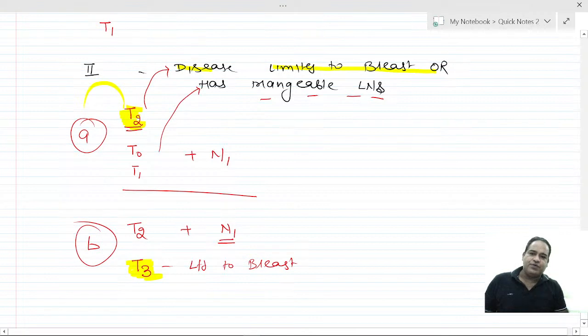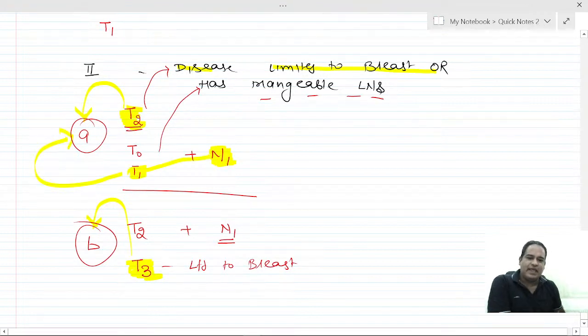Of course, if it is T2, it will be A. If it is T3, it will be B. Manageable lymph nodes: T1 will be lighter disease, A. T2 will be heavier disease, stronger disease, more problematic disease. So T2B, if manageable lymph nodes are present. Fine.